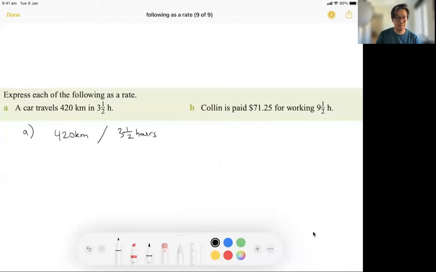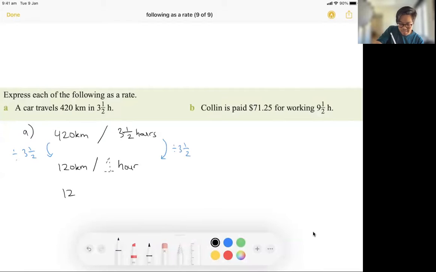So if we have 420 kilometers per 3.5 hours, the most simplified rate we can have is not per 3.5 hours, but just per 1 hour, right? There's an invisible one that I don't have to write here, okay? Per hour. Now, how did I get from 3.5 to 1? Well, I divided by 3.5. So if I divide 420 by 3.5, what I should get is 120 kilometers per hour.